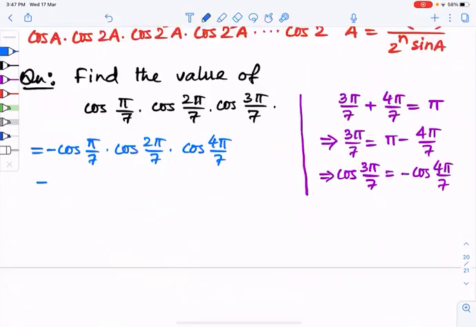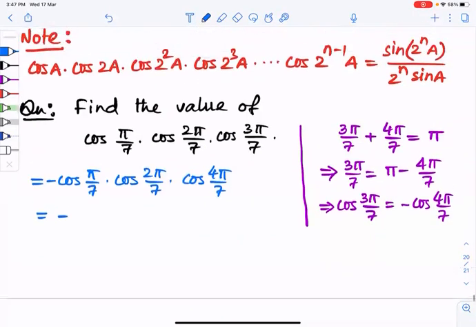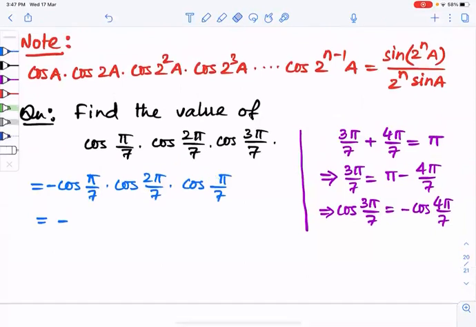But for you, you have to show that there should be a minus. 4 is 2 square. What is our A? A is pi by 7. So the last one is 2 square into pi by 7.